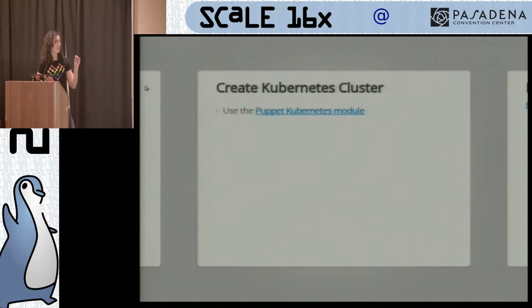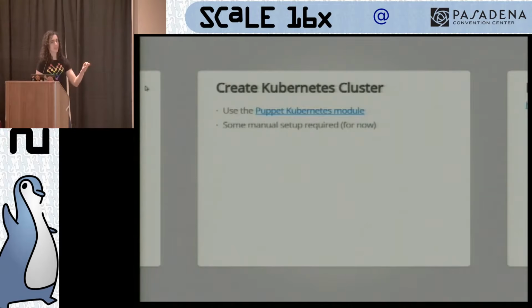If you go to my branch of it, there's a main add CoreOS branch, that's where I've been keeping my work. So if you're really interested in the nitty-gritty, that's where to look. But hopefully that will be merged shortly and be part of the actual Puppet Kubernetes module.